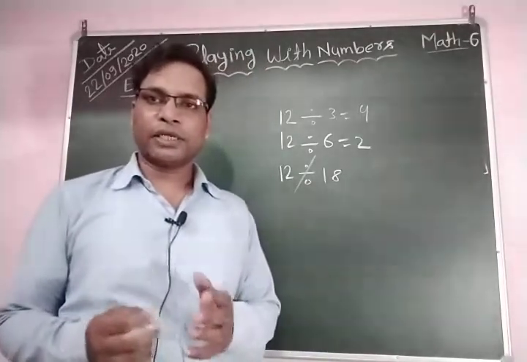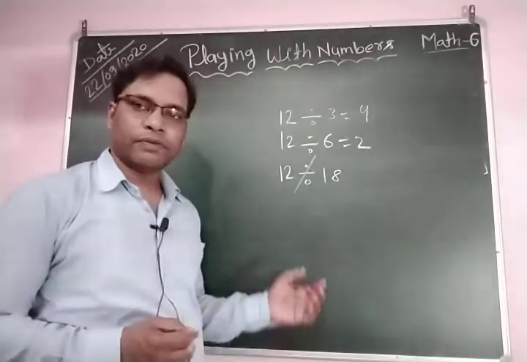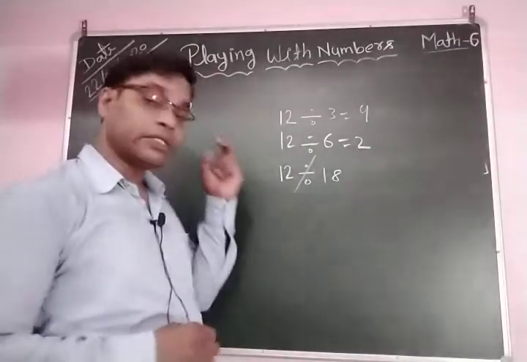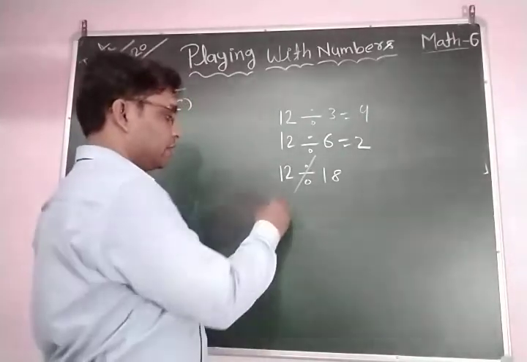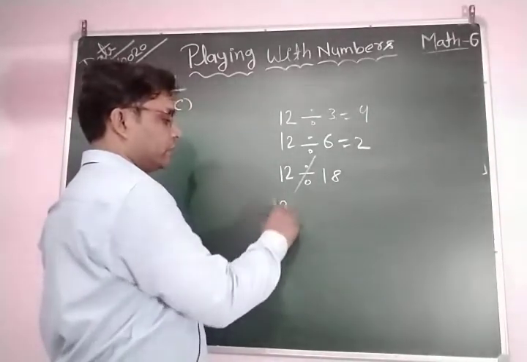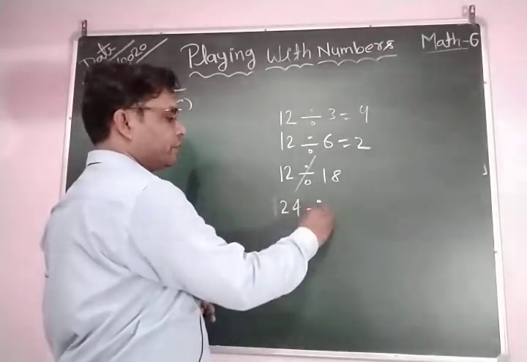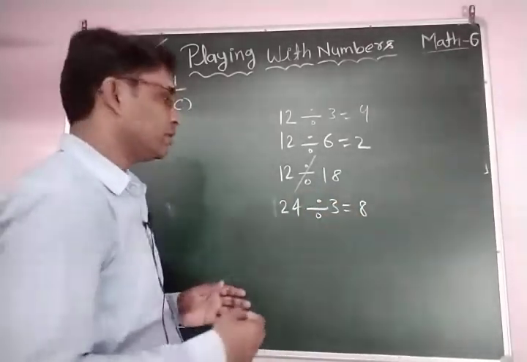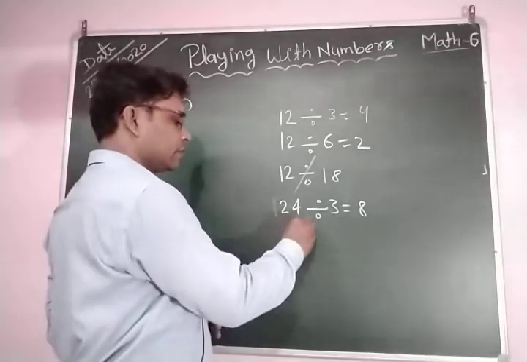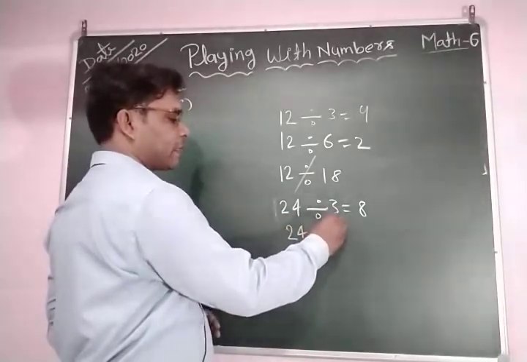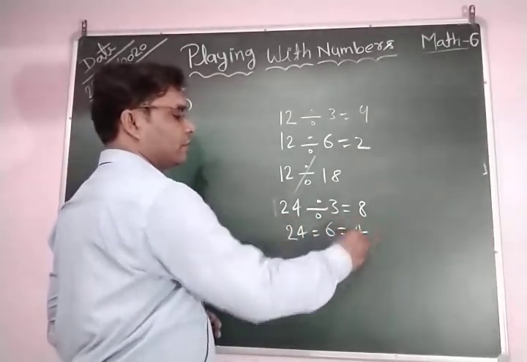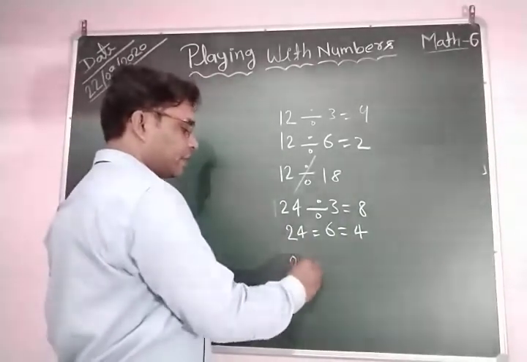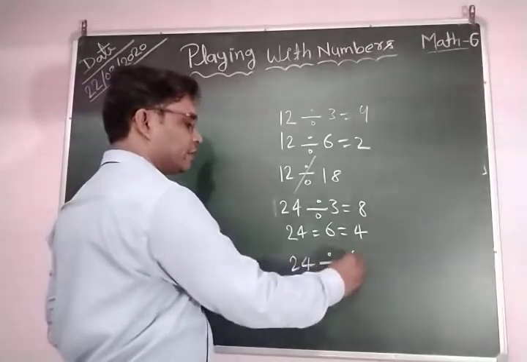Again we take another example, try to prove it true. We take a random number, 24. 24 is divisible by 3, 8 times, and again 24 is divisible by 6, 4 times, but 24 is not divisible by 18.